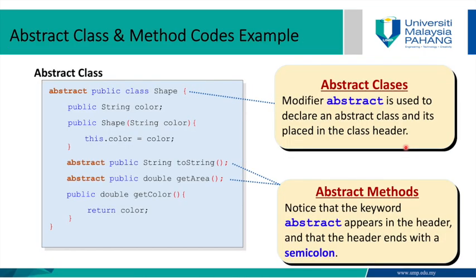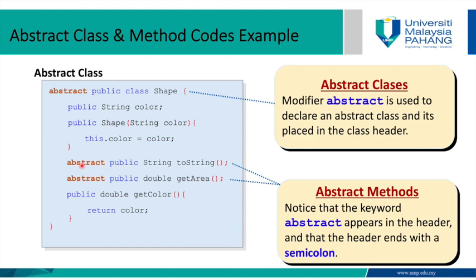So this is an example of abstract class and abstract method code. Here we have an abstract class. We have the Shape abstract class, which we declare as abstract public class Shape. In here we declare methods.